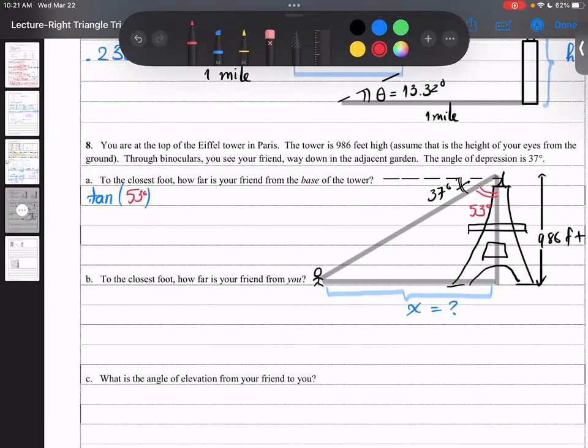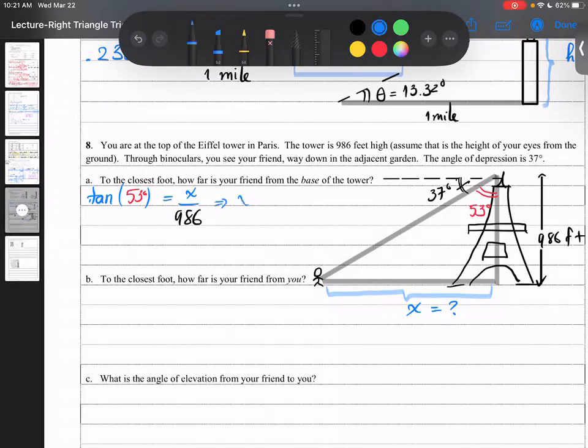When you have one of the legs and you want to find the other leg in a right triangle, your best bet is tangent, because you're not touching the hypotenuse. Tangent equals opposite, which is x, divided by the adjacent, which is 986 feet. So that implies x equals 986 times tangent of 53 degrees.